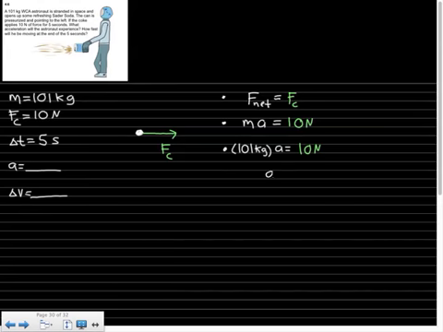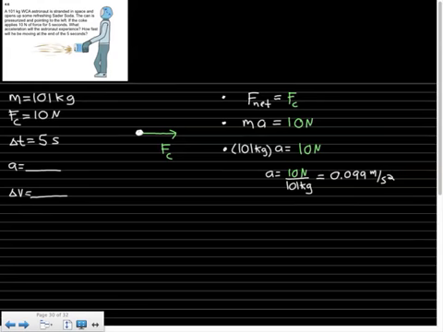Solving for the acceleration, acceleration is going to equal 10 newtons divided by 101 kilograms. When you do that in your calculator, 10 divided by 101, you get 0.099 meters per second squared.